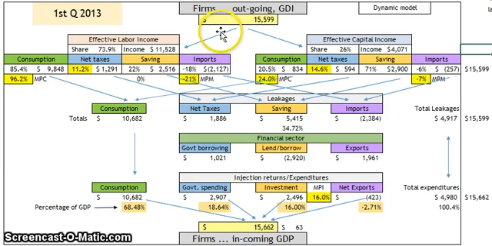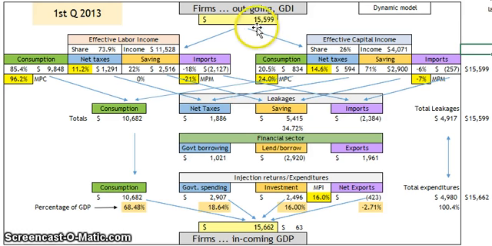Now, what I want to show here is this is a dynamic model. This is a dynamic model of the circular flow, which means that as the money flows through the economy, it ends up more.